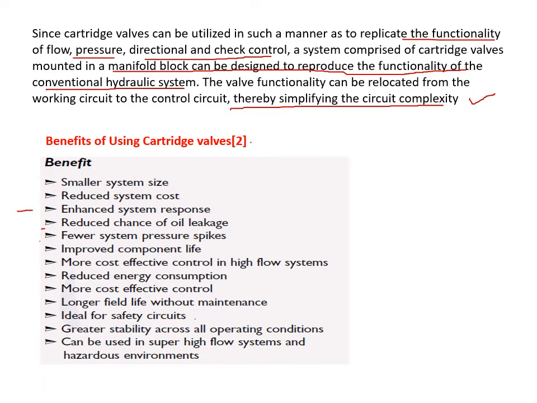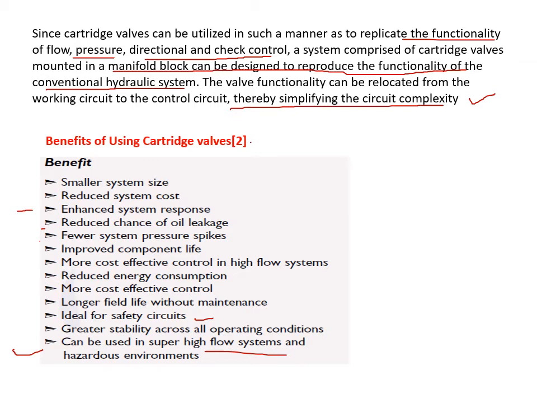They are ideal for safety circuits, and they offer greater stability, and they can also be used for high flow systems, and in hazardous environments where human control is not at all possible.